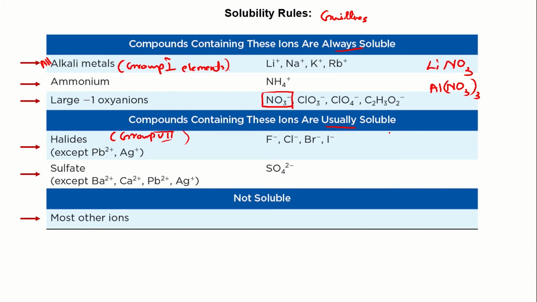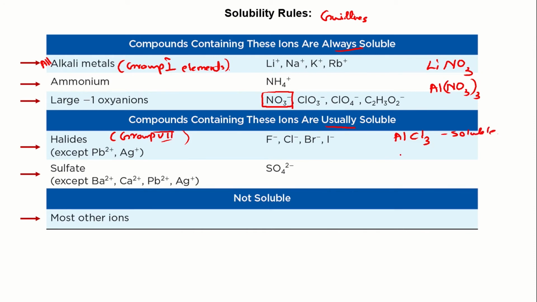For example, if you take aluminum chloride, is this going to be soluble or not? Halides are usually soluble. The only exceptions are lead and silver. Your cation is not lead or silver, so that means this is soluble.